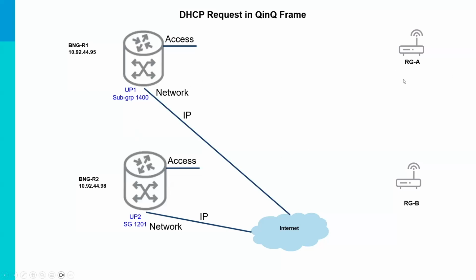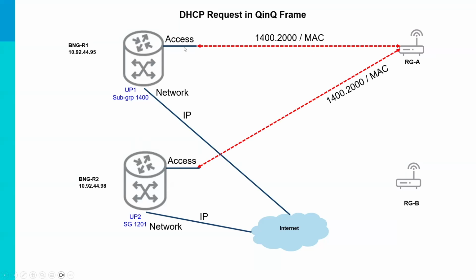So I have a residential gateway A, and it sends its DHCP request to the two UPs over pseudo wires. It sends it with an SVLAN of 1400 and a CVLAN of 2000 and its own MAC address. And UP1 says, oh, UP1 supports subgroup 1400, UP2 supports subgroup 1201.